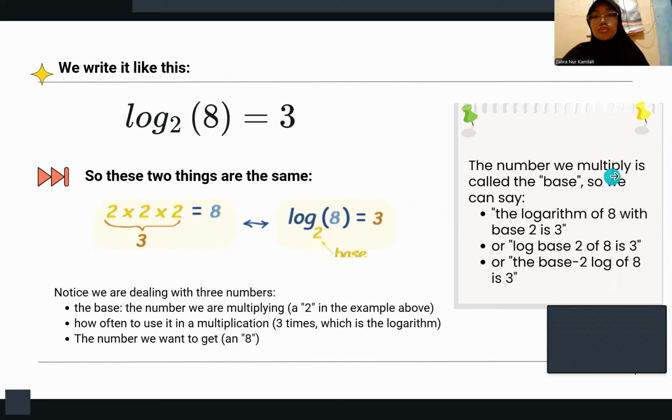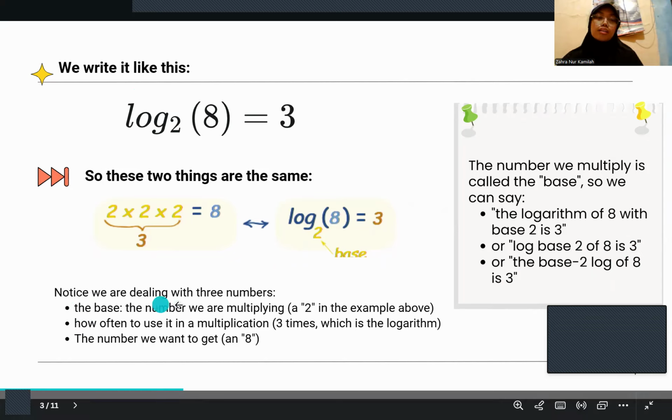The number we multiply is called the base, so we can say the logarithm of 8 with base 2 is 3, or log base 2 of 8 is 3.